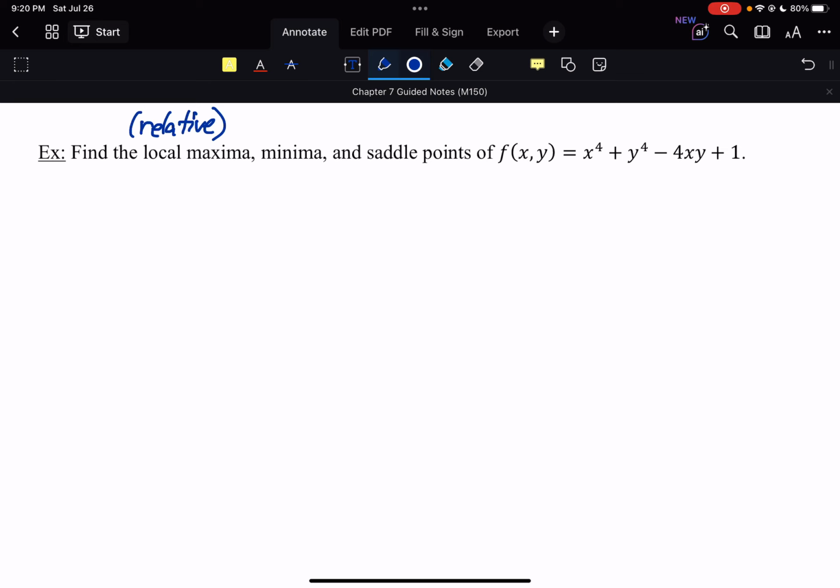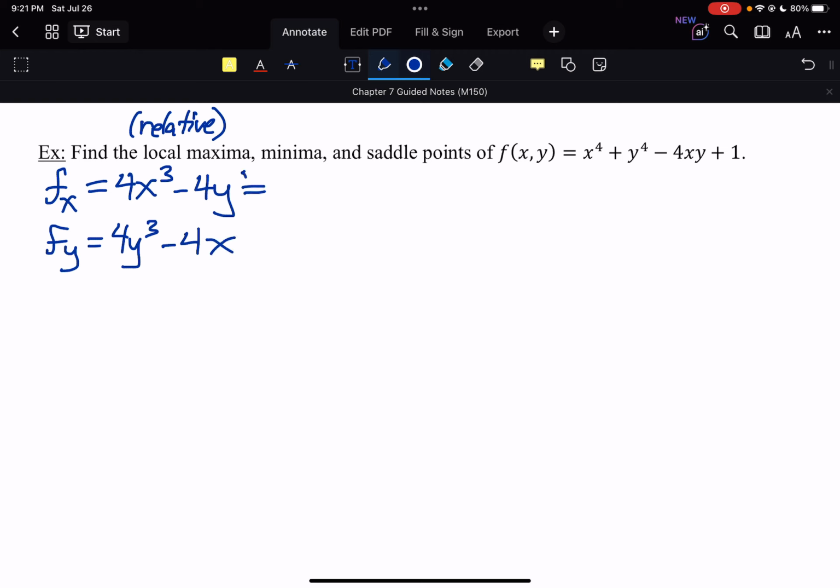So in order to do this, we need critical points first. In order to get critical points, we need to take the partial derivatives and set them equal to 0 and solve. So we're going to take fx and fy and we're going to set these equal to 0.